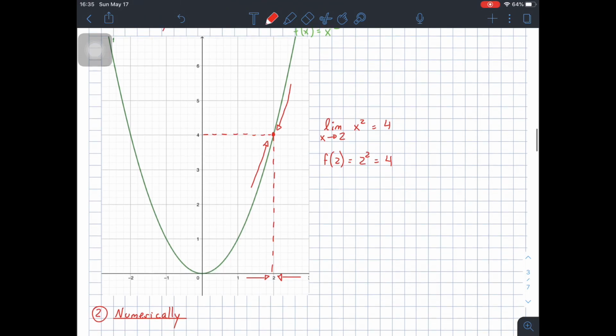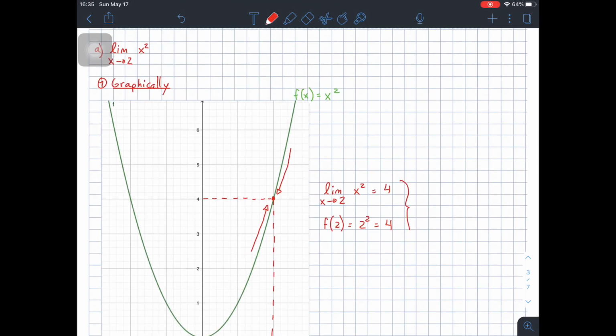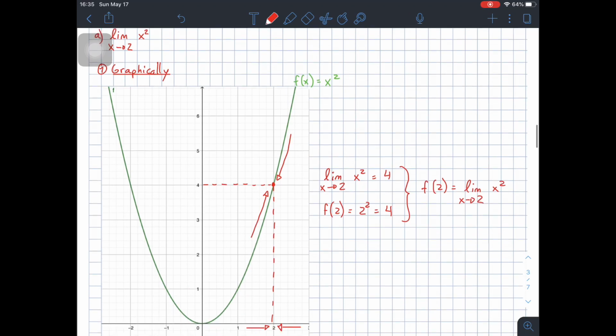So because of this, we're going to say that f of 2 is the same as the limit of x squared when x tends to 2, okay?